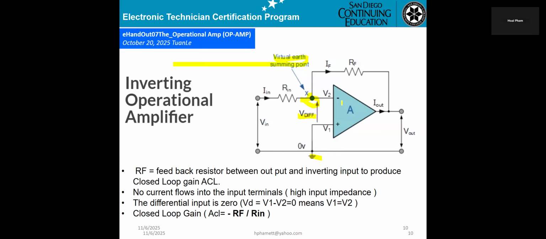We already told you, high input impedance. And also this current cannot go down. Why not going down? The reason is input at positive and input at negative are equal. That means they have the same potential, so they're not going down. So this current will be going up.